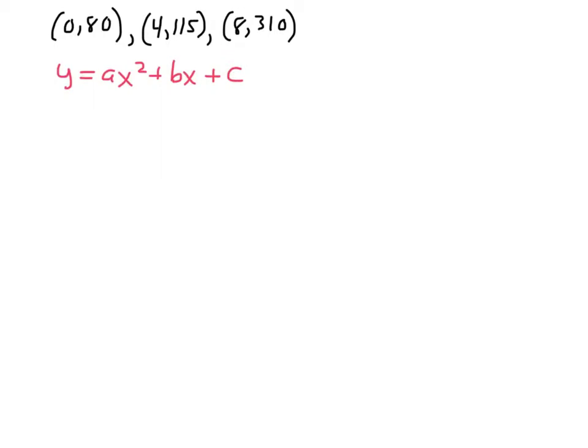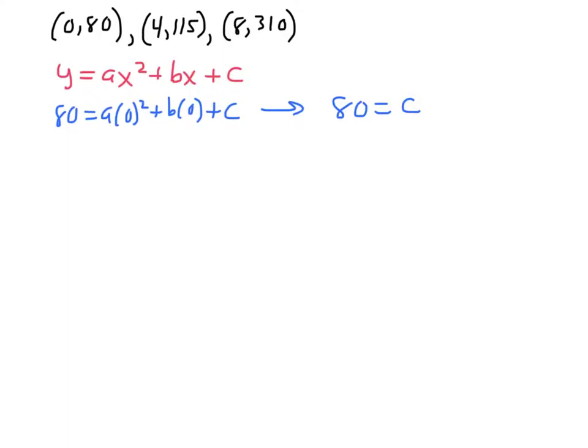And remember, our procedure is to take each ordered pair one at a time and substitute the x coordinate in for the x and the y coordinate in for the y. So in this first ordered pair we plug a 0 in for x and an 80 in for y, and that would give us 80 equals a times 0 squared plus b times 0 plus c, and that simplifies down to just 80 equals c.